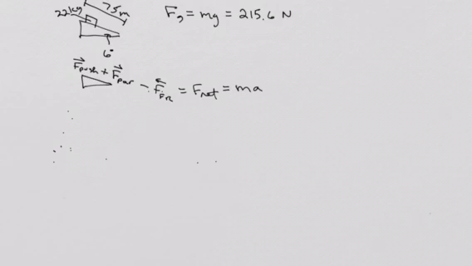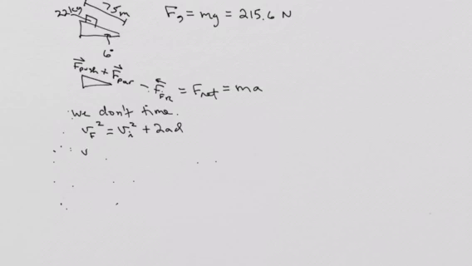Now, in this problem, we don't know the time. When that happens, in our motion equations, we're often stuck with this one: the final velocity squared equals the initial velocity squared plus 2 times a times d.